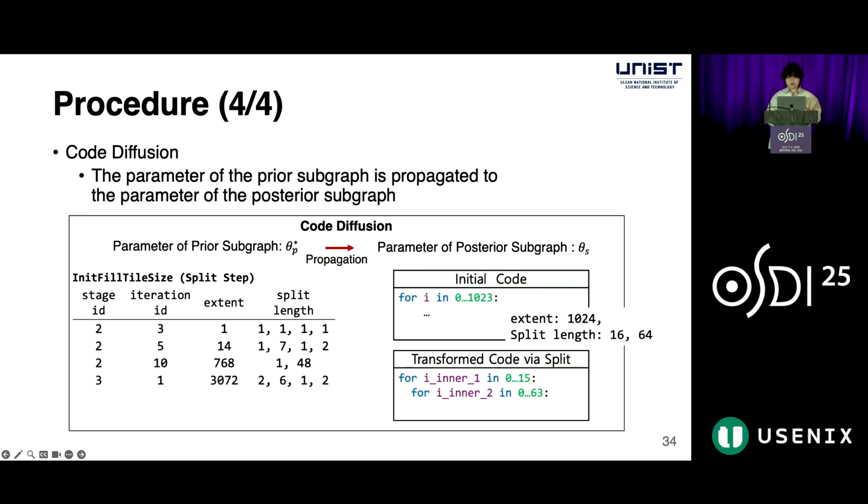The example on the right shows the original code and the code transformed by the split rule and its parameters, named split length. So a loop with extent 1024 is split using parameters 16 and 64. As a result, the inner loops will iterate 16 times and 64 times, respectively.